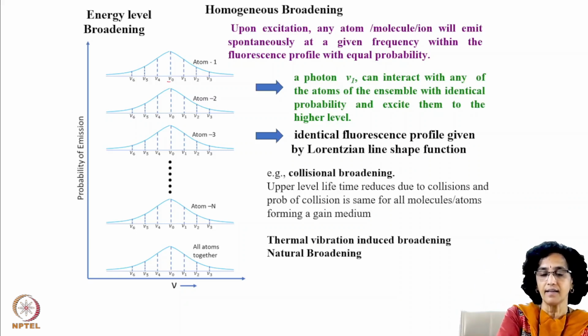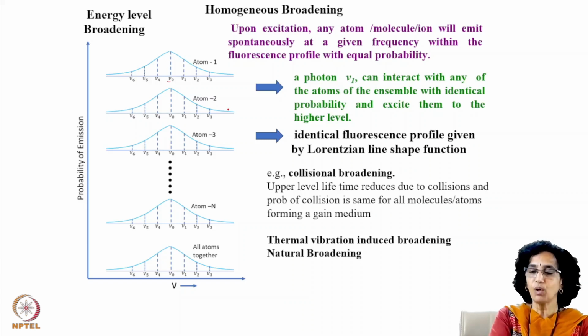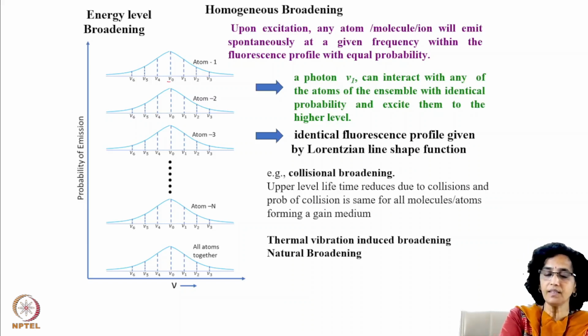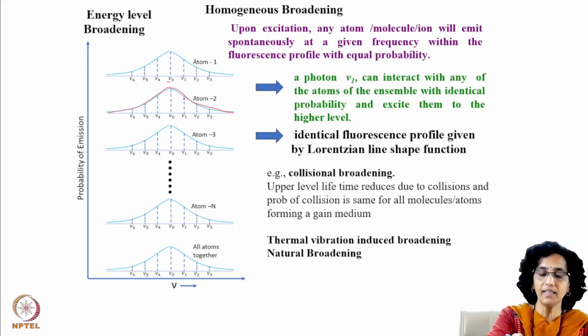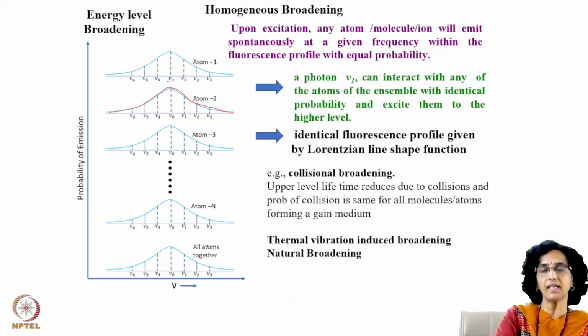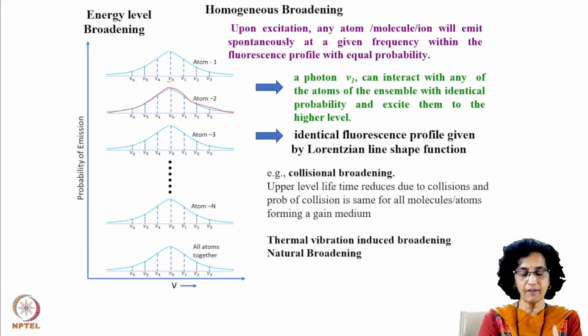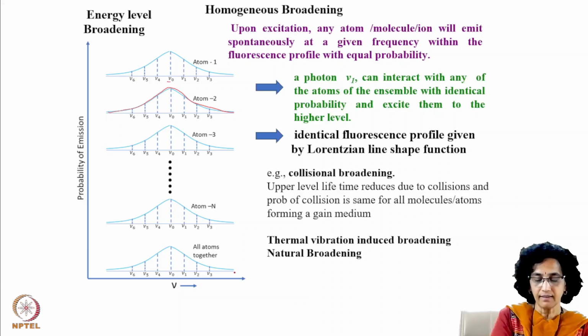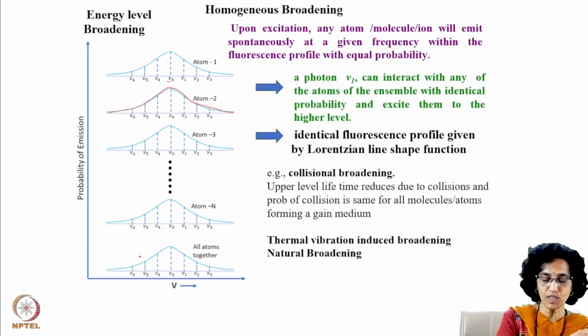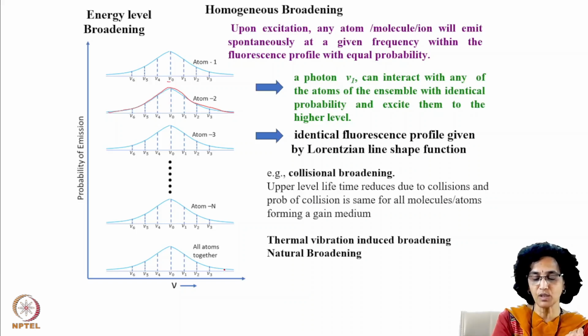Again I see that the molecule emits at a given frequency within this fluorescence profile, and it is identical to the previous one. I repeat this with many atoms or molecules and find that they are all identical. Therefore I can say that this is the fluorescence profile of all atoms put together.